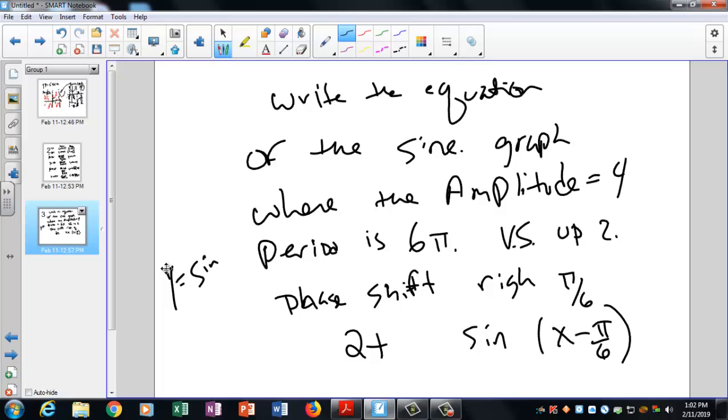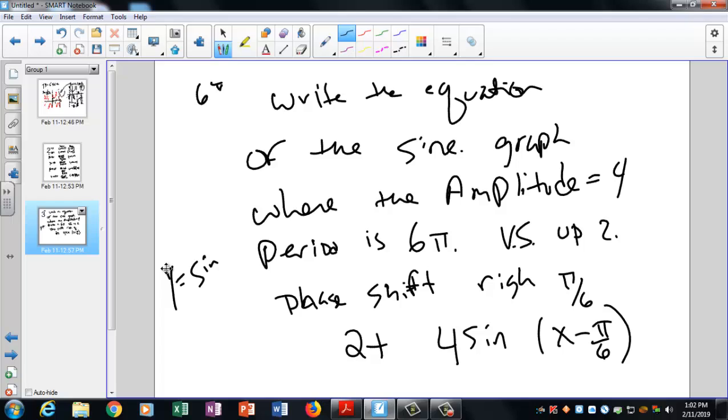Now, what's the amplitude? The amplitude is 4. It goes in front of the sine. Now, what's the period? It's 6 pi, right?